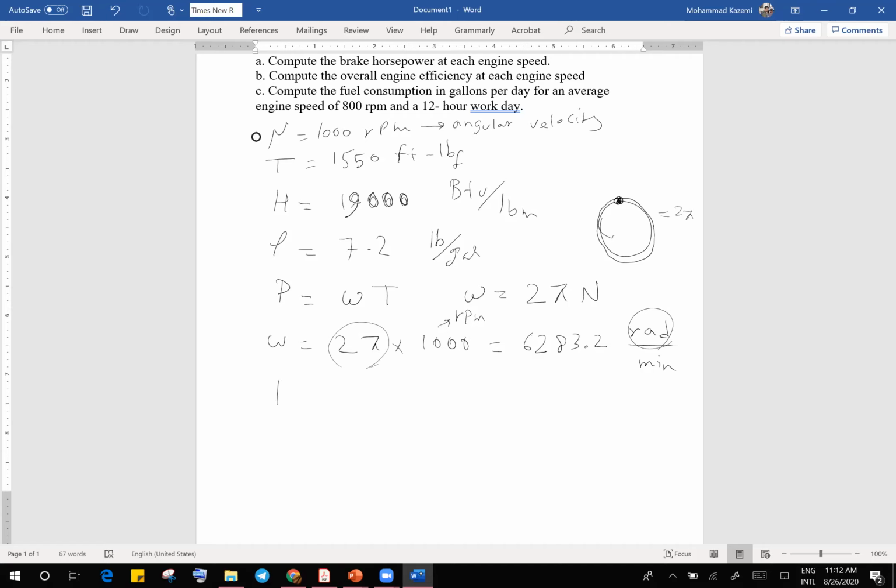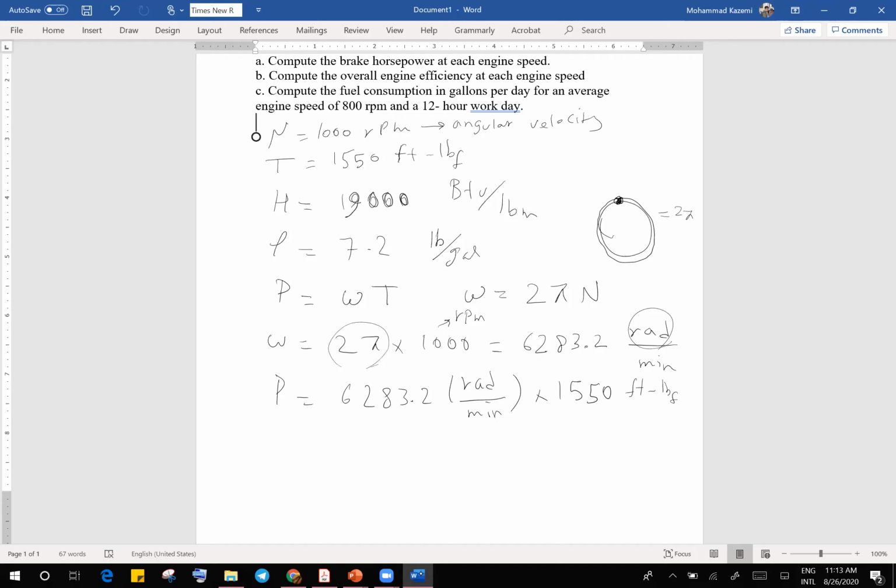And then we can calculate P because we do have the value of torque as well, right? So that is omega, which is 6,283.2, unit is radian per minute, multiplied by the torque, which is whatever that is, 1,550 feet pound force. Make sense? All right, so now, is that the unit we use for calculations?